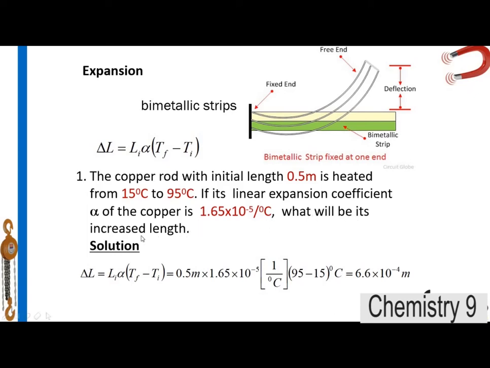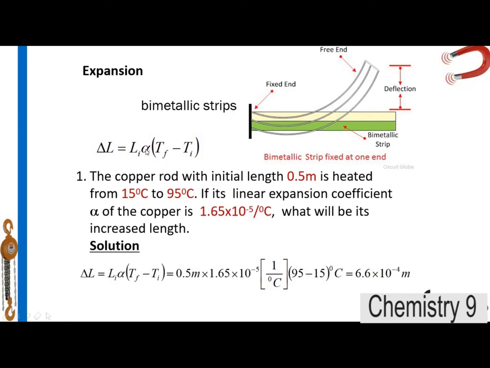So in other words, the question is asking you, how much does the actual metal, or the rod, in this case the copper rod, actually increase in length when it's heated from 15 degrees Celsius to 95 degrees Celsius? So let's have a look now at the solution to this.